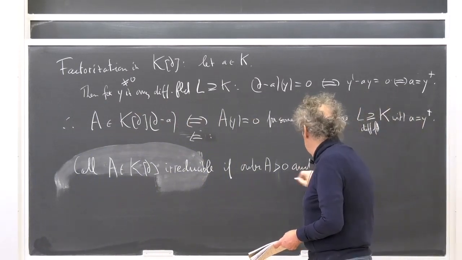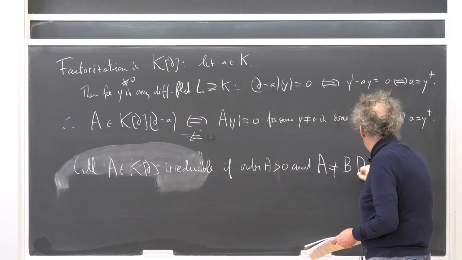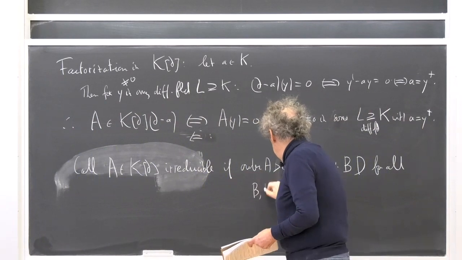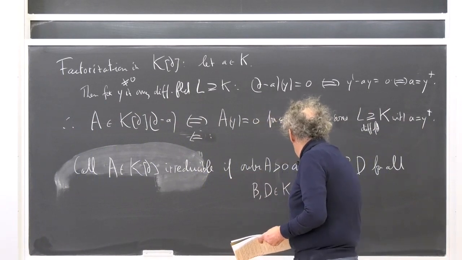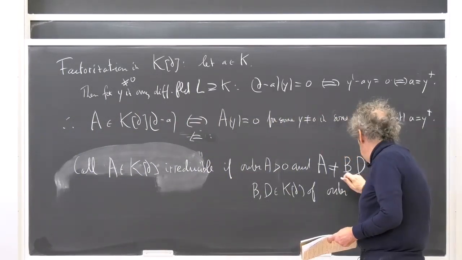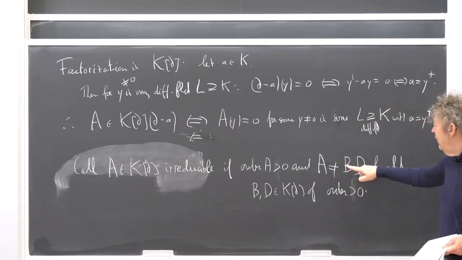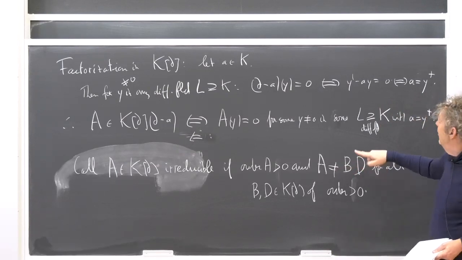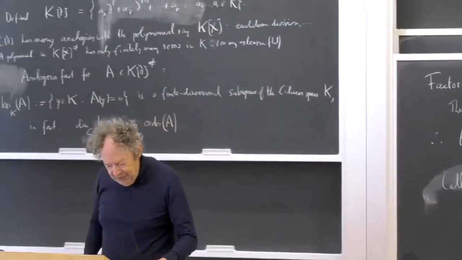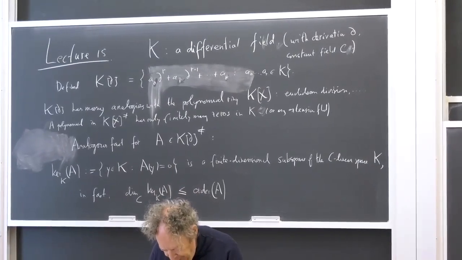And A is different from BD for all B, D in K delta of order greater than 0. You might wonder why I don't write BC. Well, obviously I can't use C because C is the constant field. So I never use C as a name for a linear operator because I've reserved it for the constant field.